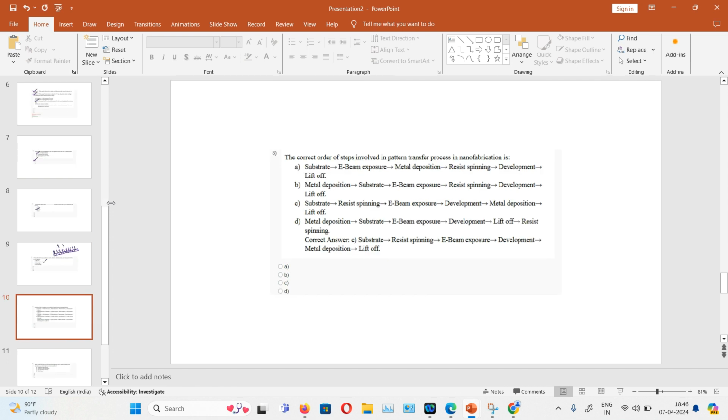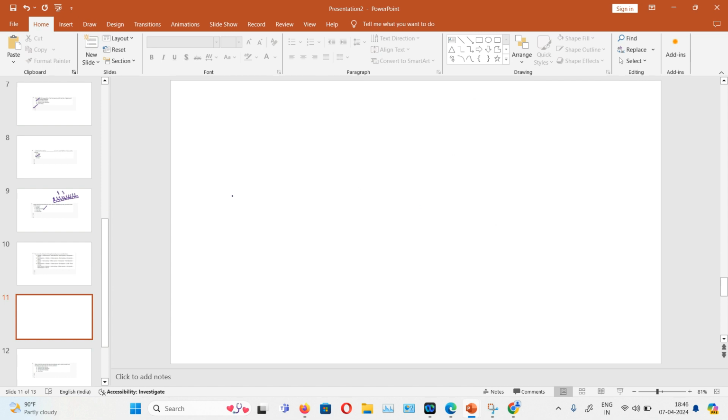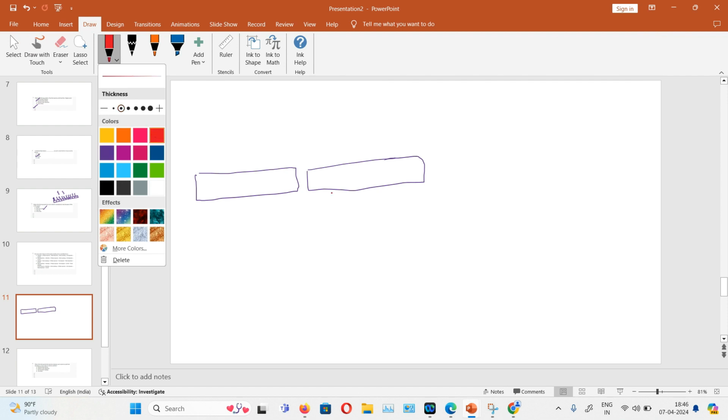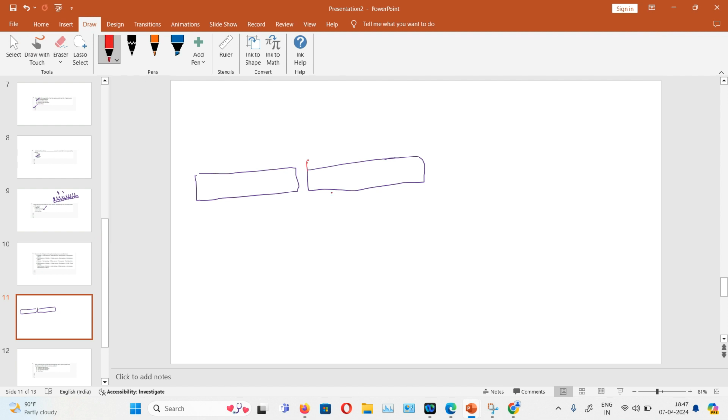Going to the next question. The correct order of steps involved in the pattern transferring process in nanofabrication is... So let's see how the nanofabrication process happens. The typical nanofabrication process: there will be a substrate. On the substrate we put some photosensitive material using spin coating or some method.